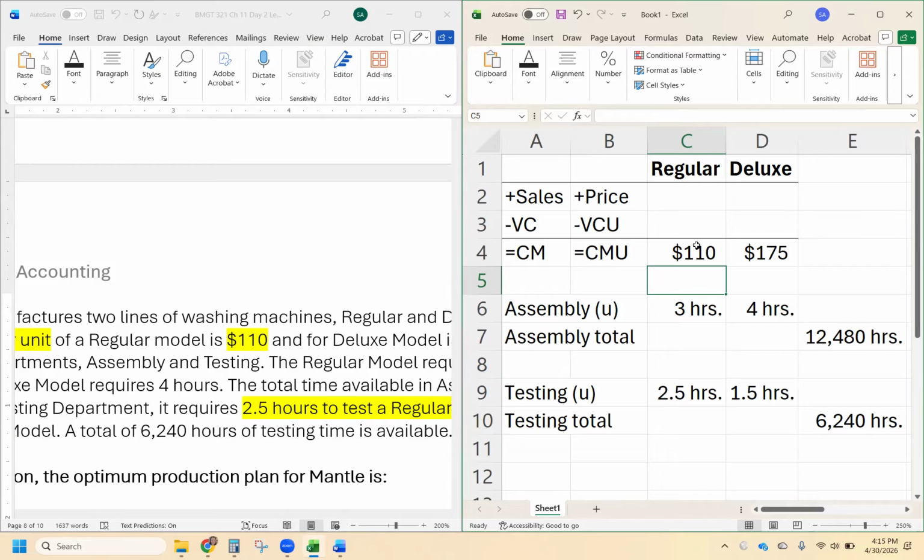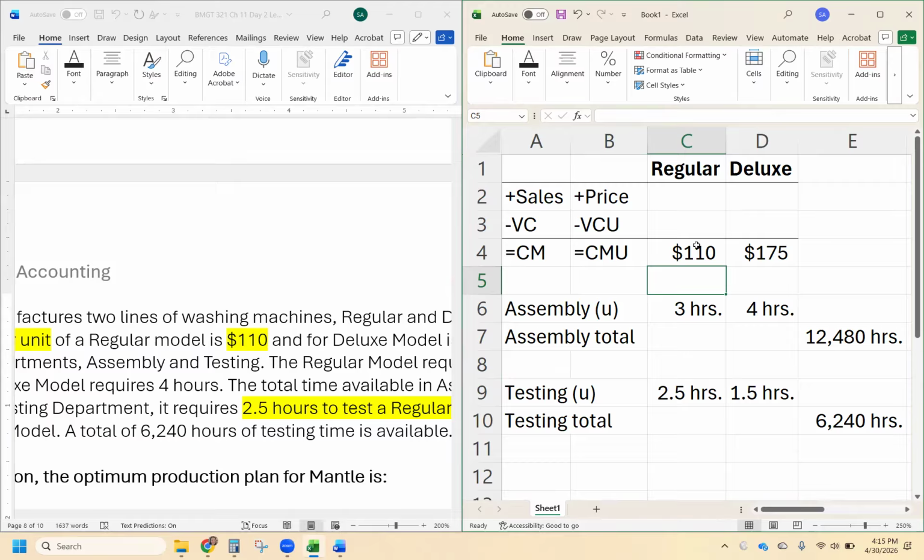This one makes more money, but it takes more hours. So what I really want to know is how much money per hour am I making for regular and how much money per hour am I making for deluxe? I think that's the real question here.